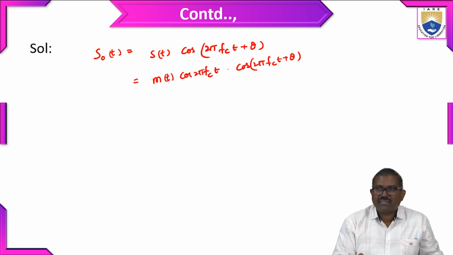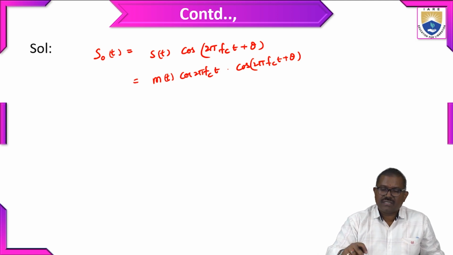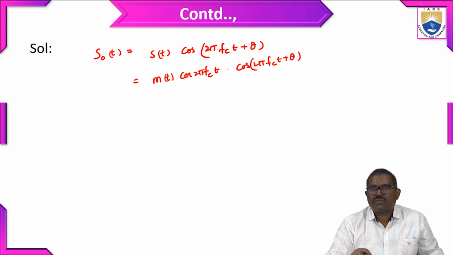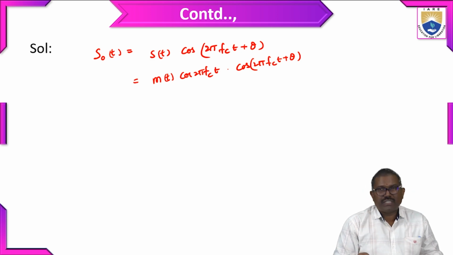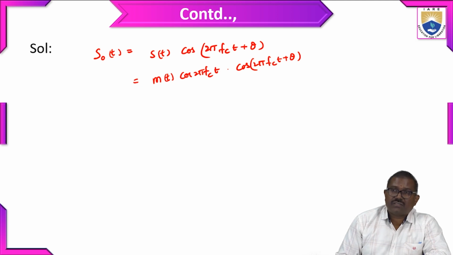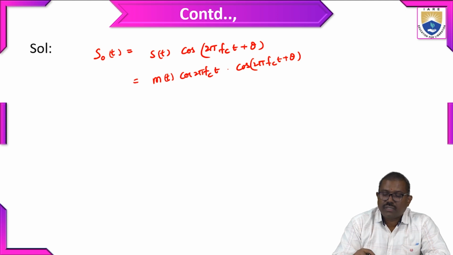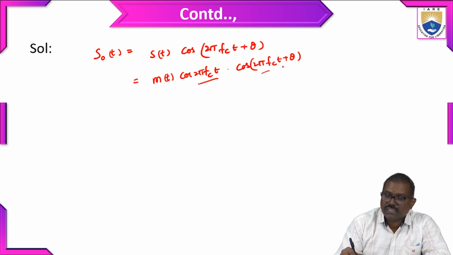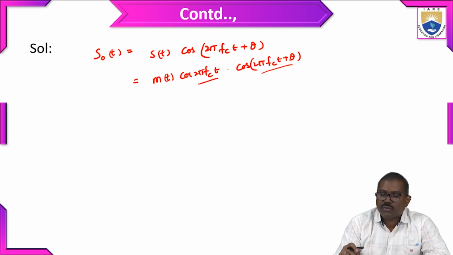This product is passing through the LPF. Here you can see two cos terms, so we can call it cos A cos B. cos A cos B gives 1/2 of cos(A+B) plus cos(A−B). Here A plus B is 2πfct plus 2πfct, which gives 4πfct.